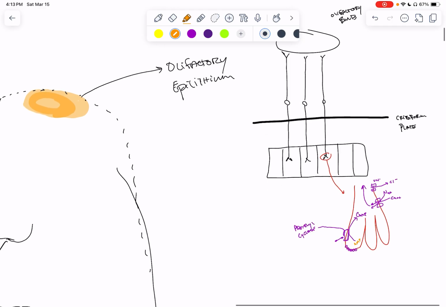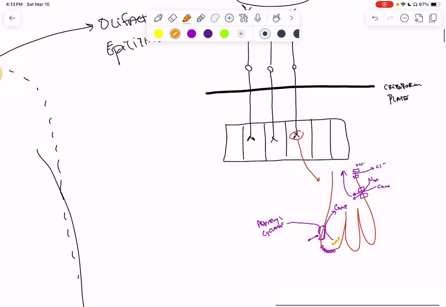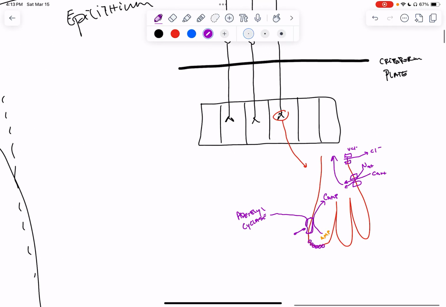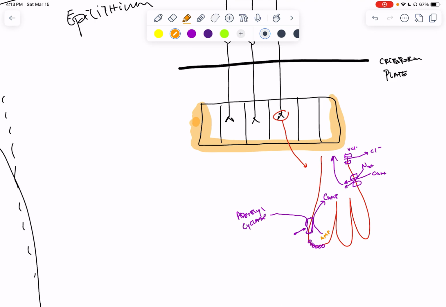So, as these neurons descend below the cribriform plate into the olfactory epithelium, there is a thin layer of mucus that actually surrounds them. That's why it's extremely important that your nose is wet. That's why if you see dogs lick their nose, it's to help enhance this process. Because in order for you to smell something, the molecules that attach to this olfactory bulb have to be dissolved in solution.